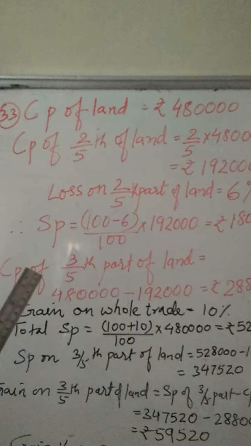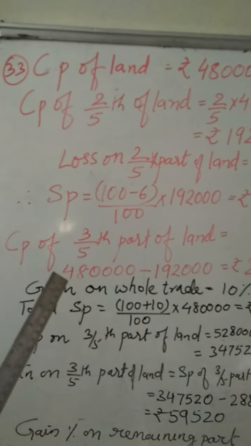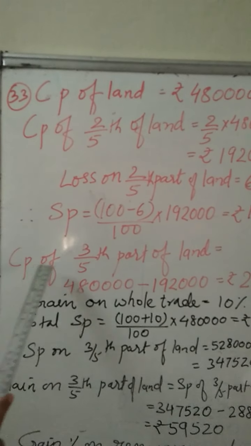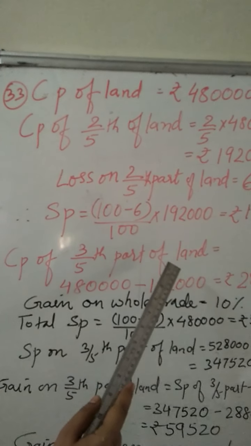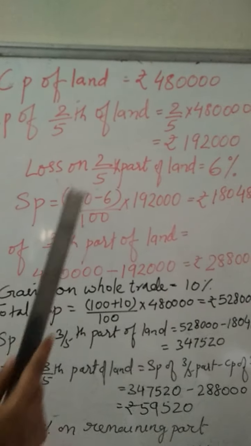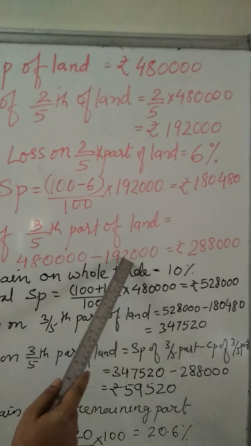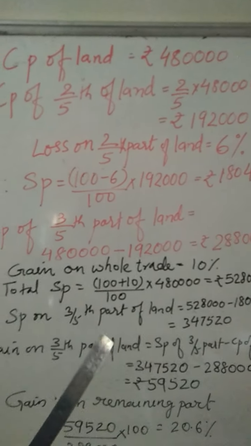Now after 2/5 we will be doing for the remaining part. So remaining part is 3/5. Now we have to calculate cost price of 3/5 part of the land. So that is equal to total CP minus CP of 2/5 part of the land. So that is 2,88,000 rupees.